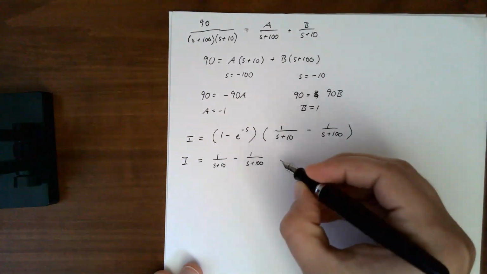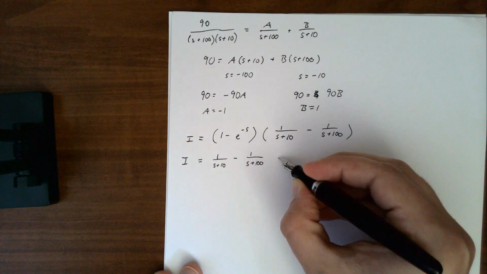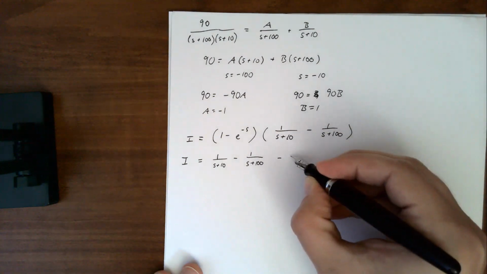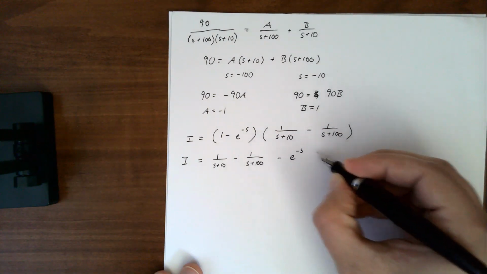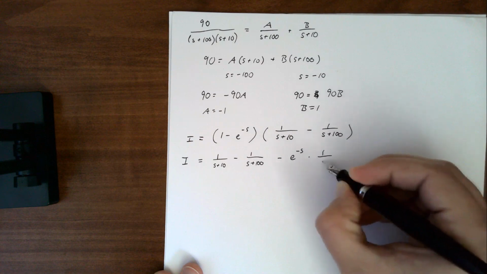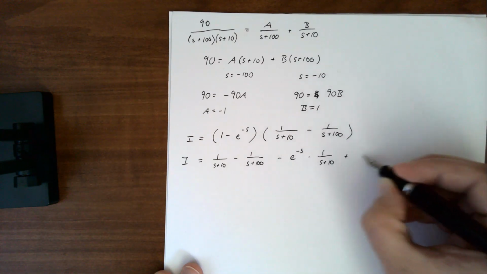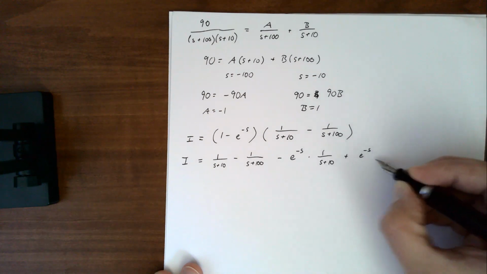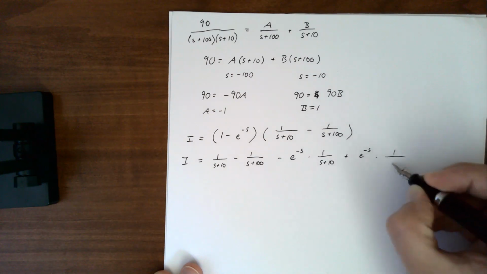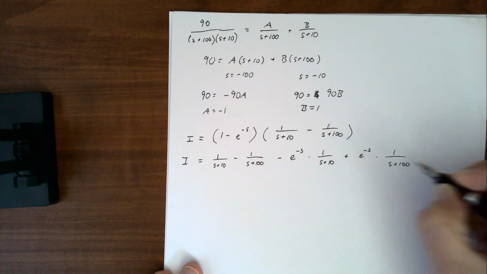Okay, now for the next part, what do we have? We have minus e to the negative s times 1 over s plus 10, and then we have plus e to the negative s times 1 over s plus 100.